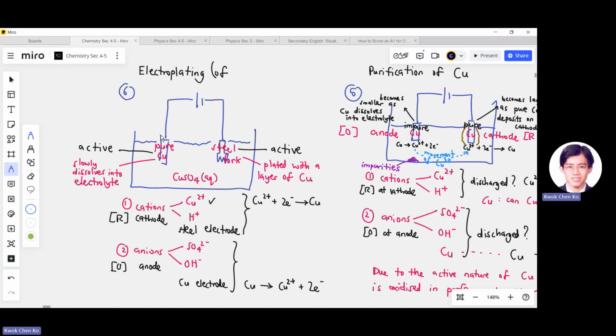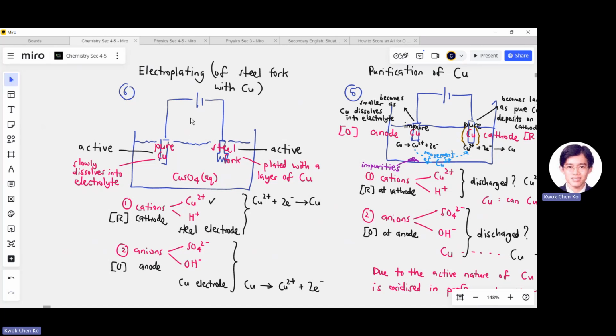In this case, I electroplate my steel fork with copper. In this case, but you can do other things too, which may come up for you. Okay, any questions?